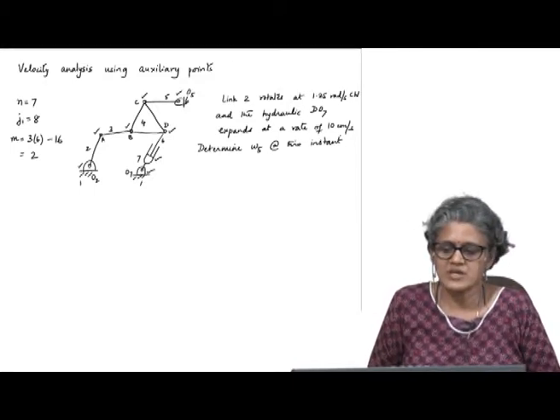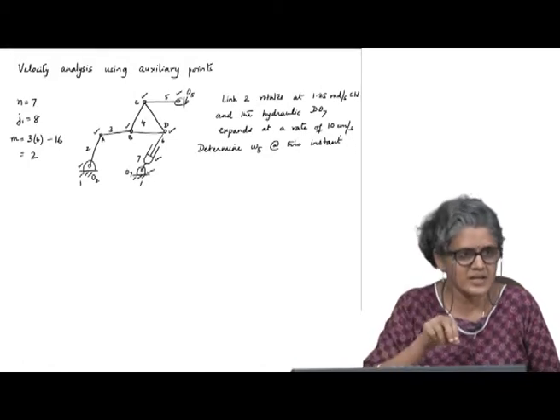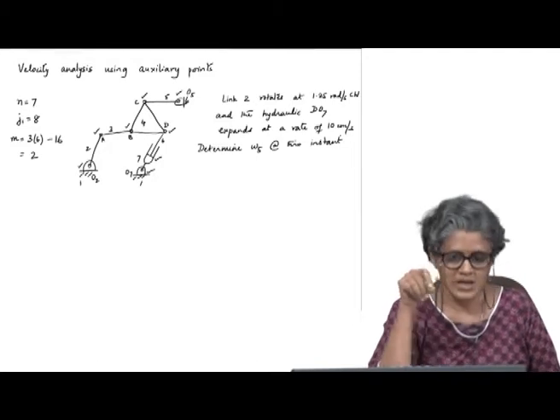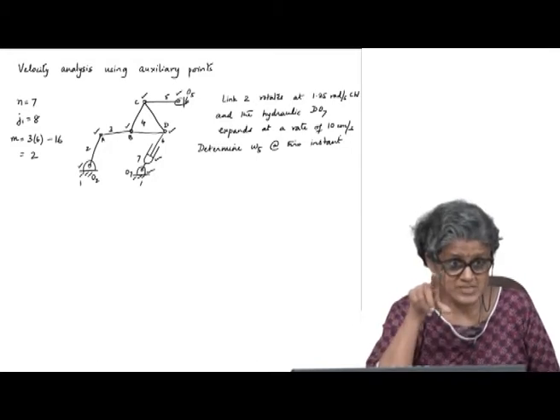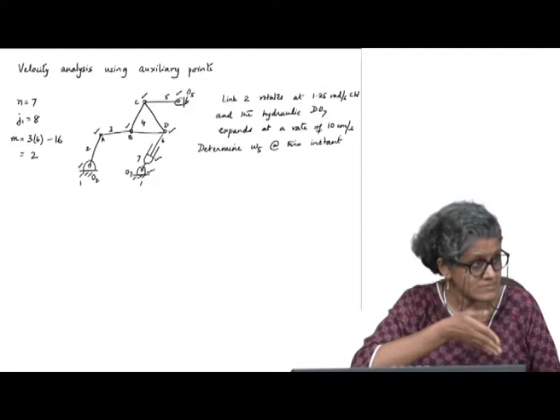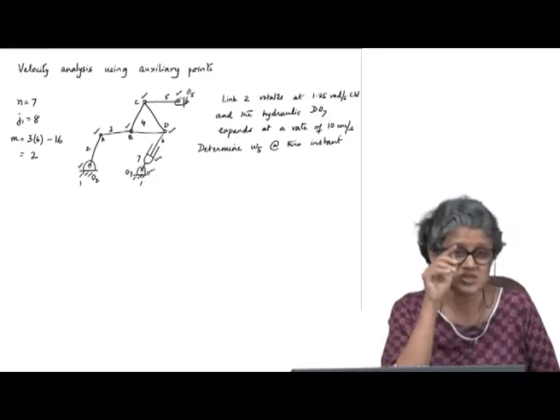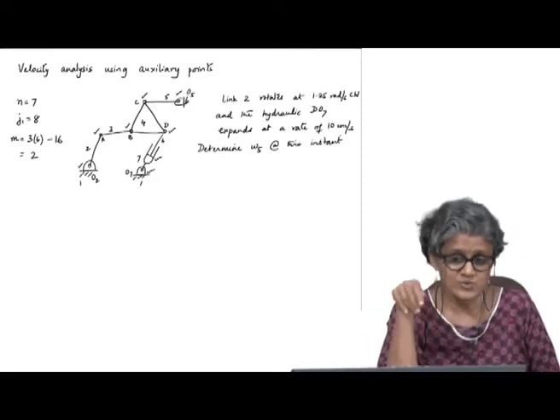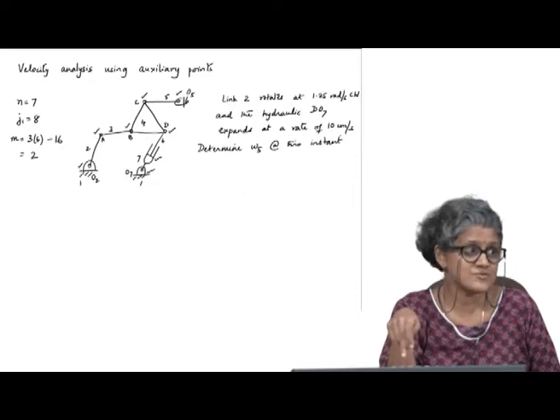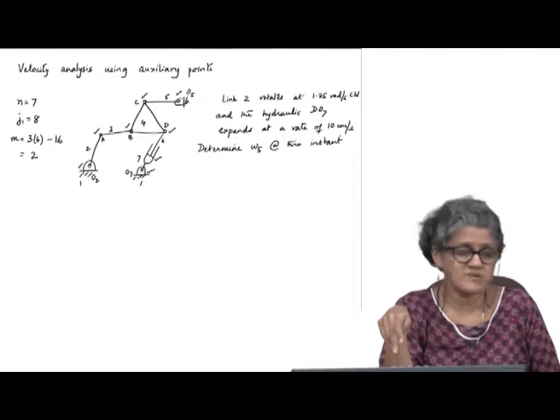So what you are given here, when you say the hydraulic cylinder DO7 expands at that rate, I am given the relative velocity between 6 and 7 along that. Okay, so that's the relative velocity component that I know. So I don't know the absolute velocity of D. Would D have some other component of velocity as well?